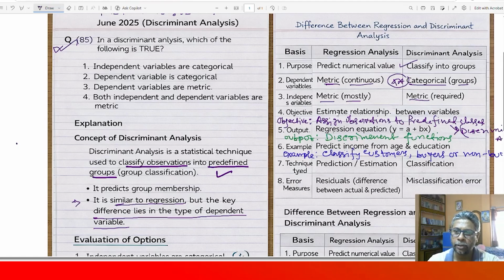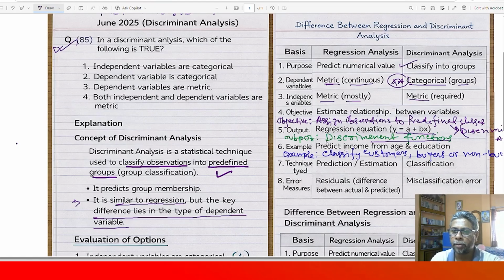What is the output in regression analysis? The regression equation y = a + bx. What is the output of discriminant analysis? The discriminant function.